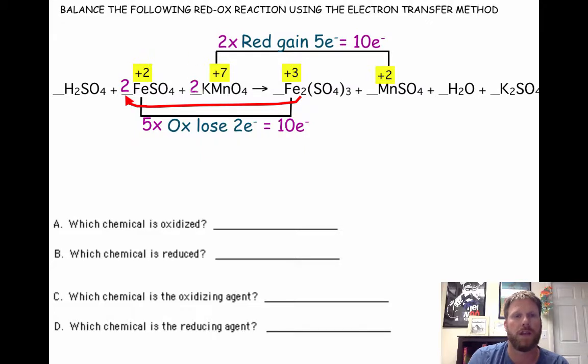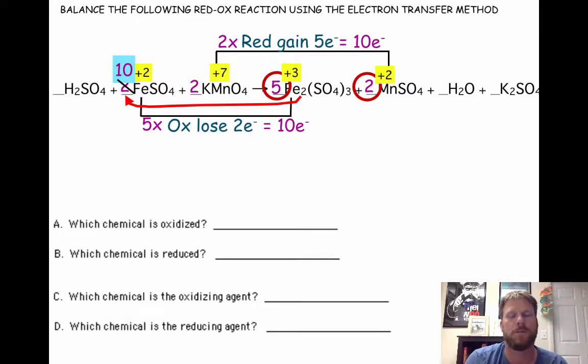So we can put a 2 in front of KMnO4 and a 2 in front of MnSO4. We already have a 2 in front of iron sulfate. When we incorporate the 5, we're actually going to multiply by 5, so that'll become a 10. And we'll put a 5 in front of the iron 3 sulfate on the product side. These coefficients on the product side are not going to change.